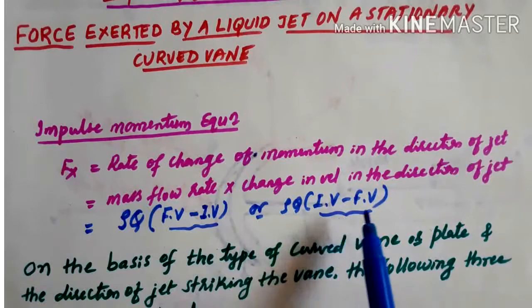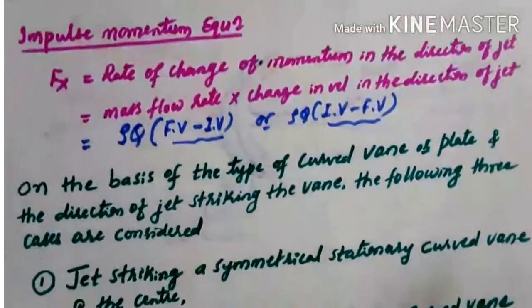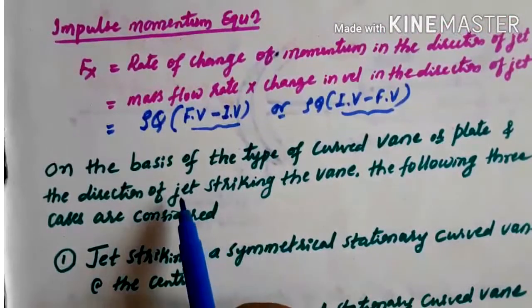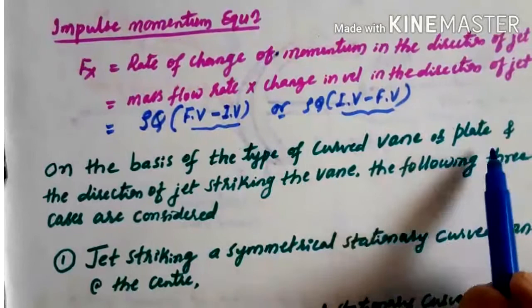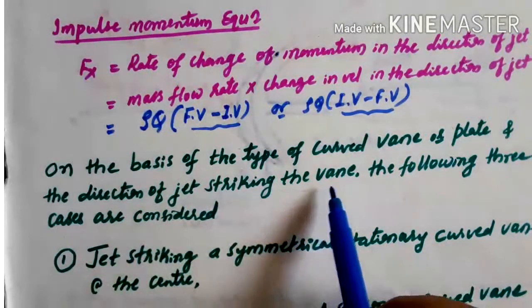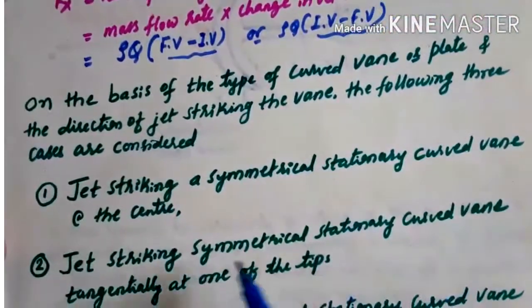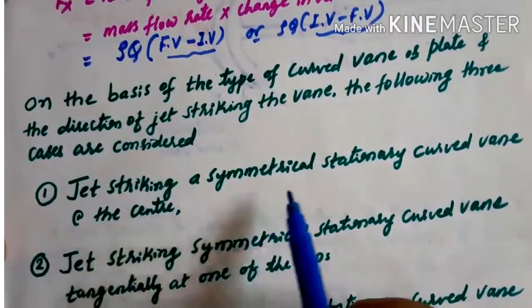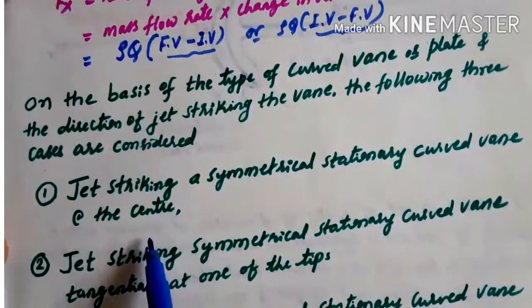So on the basis of the type of curved vane or plate and the direction of the jet striking the vane, the following three cases are considered. What are those cases? The jet striking a symmetrical stationary curved vane at the center.